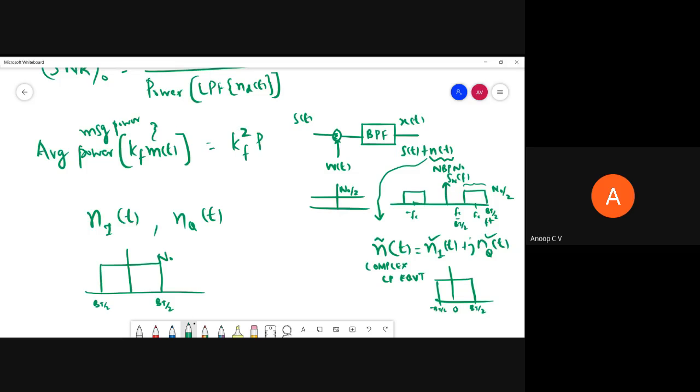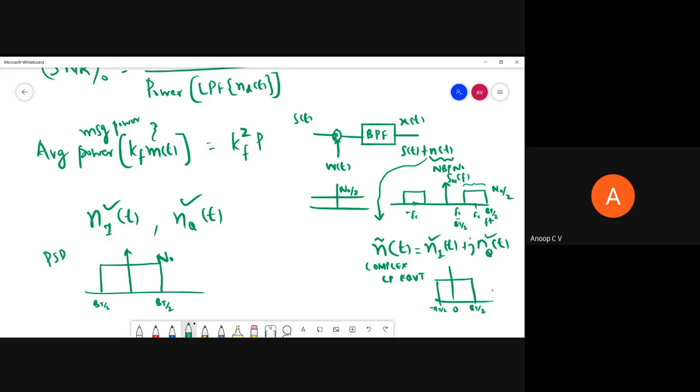So this should be the power spectral density of our in phase and quadrature phase components. Please remember that the power spectral density of W of t was N naught by 2. So this will be the PSD of ni of t or nq of t. Its value will be N naught.